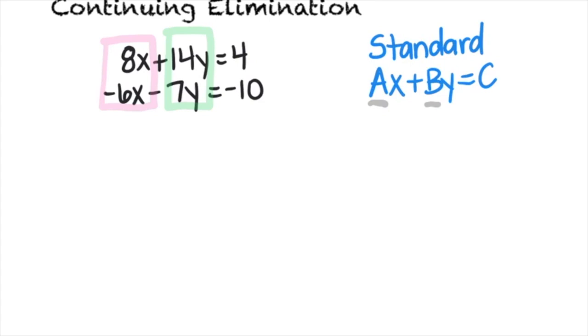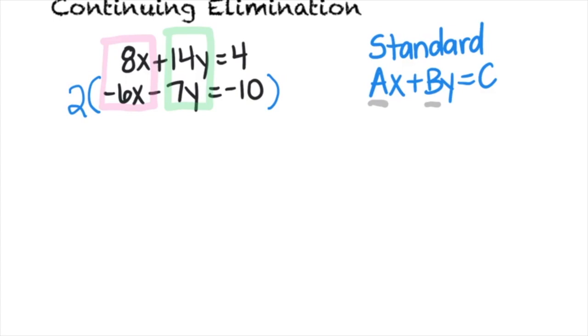Those are going to be much easier, to take 7 and turn that into 14. So how would we turn 7 into 14? We would take the entire second equation and multiply that equation by 2, because we want to turn 7 into 14.